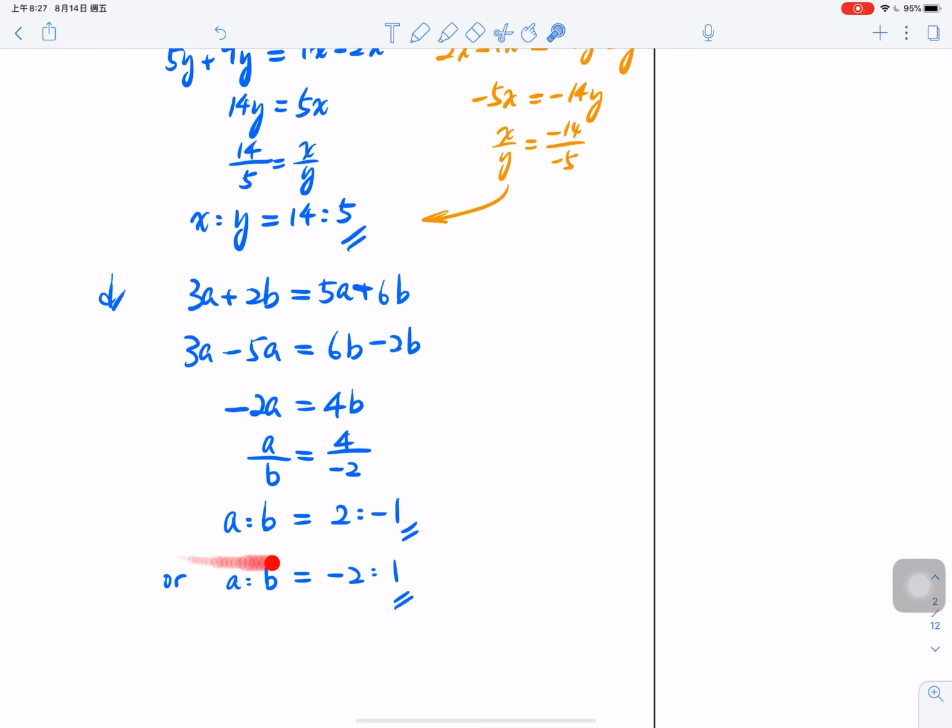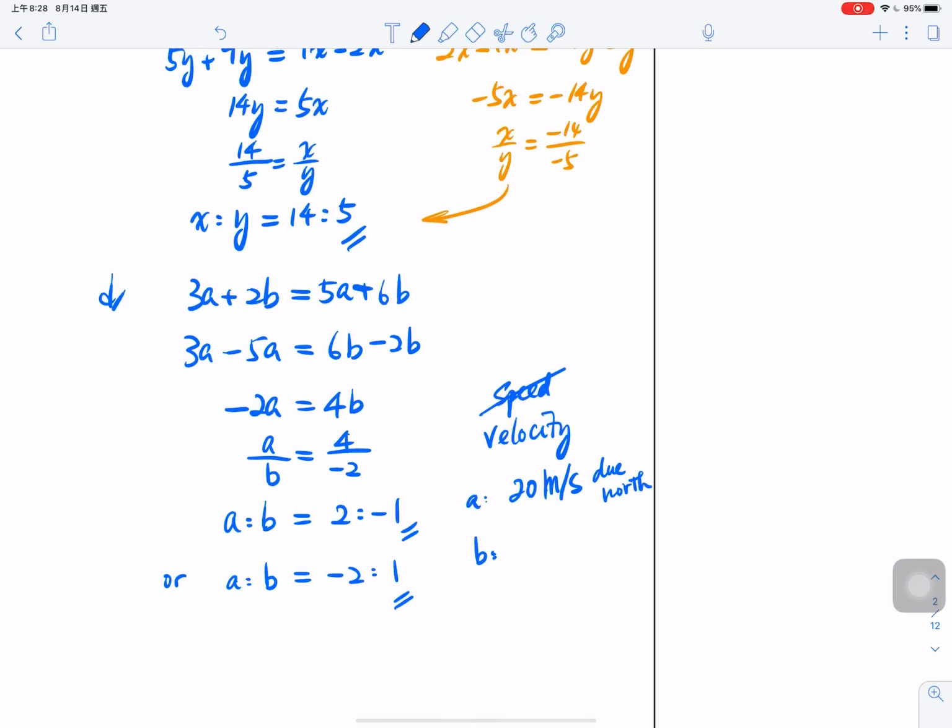Then maybe you will ask, why will there be a negative value in the ratio? What does this mean? For example, if this one is a speed, or rather we should not say speed, we need to say velocity. That means if A is 20 meters per second due north, then this is A, okay?